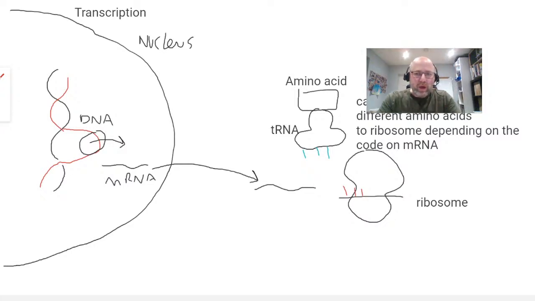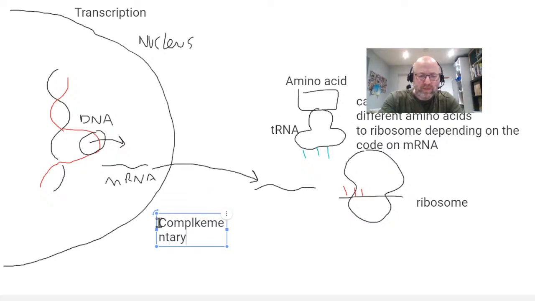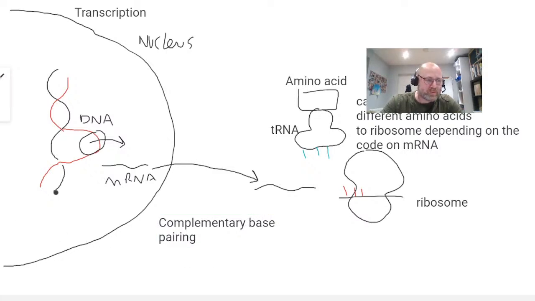Now, they actually join by complementary base pairing, which is the same pairing that joins the two polymer strands of DNA together. You do need to know in complementary base pairing, guys, what bases join together?